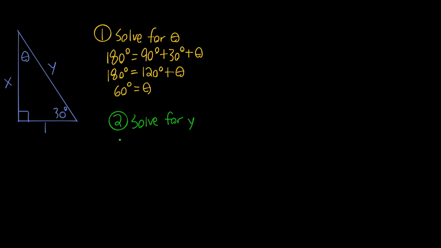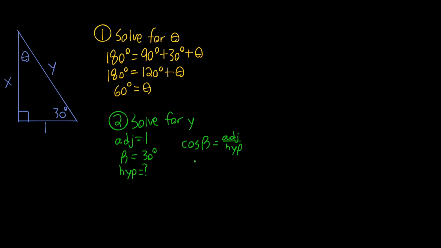So if I have my adjacent as being given, my angle, which I'm going to call beta here, as being 30 degrees, and my hypotenuse as an unknown, that is exactly the situation for cosine, right? So cosine of beta is equal to my adjacent over my hypotenuse.